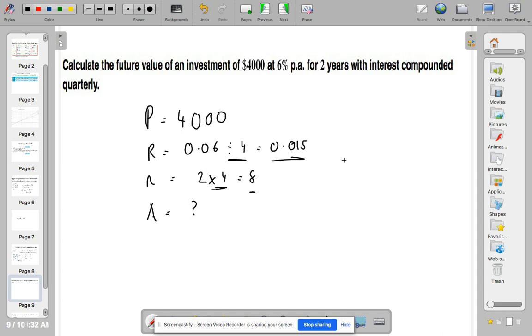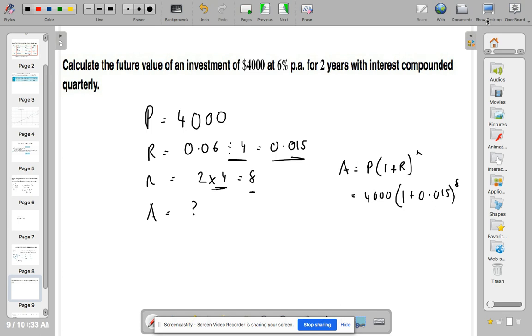Now, I need to find the future value of this investment. So we use the formula A equals P(1 plus R) to the power of N, which equals 4,000 outside of 1 plus 0.015. You can just write 1.015 if you wish, to the power of 8.